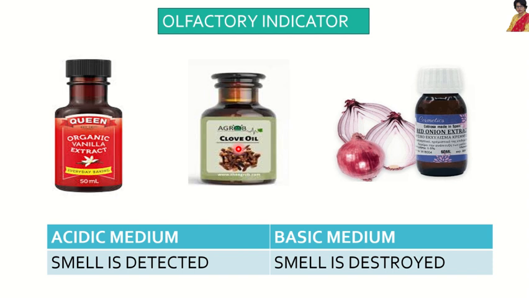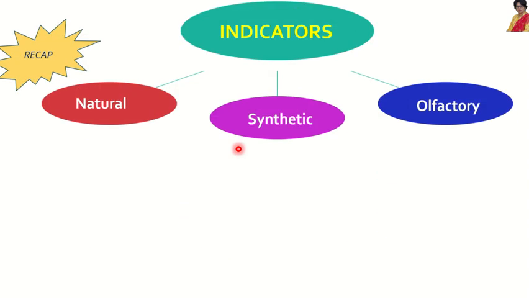In the base, we cannot detect the characteristic smell of vanilla extract or clove oil. This is how the olfactory indicators are useful in detecting the acid and the base with the help of the smell or odor.